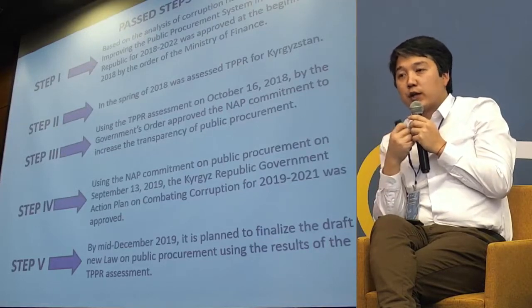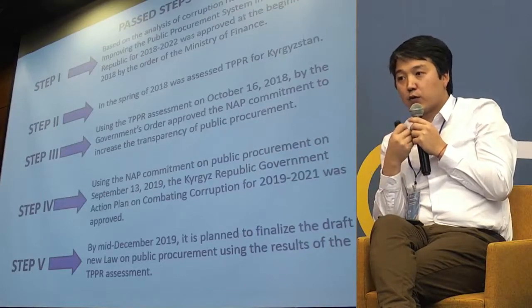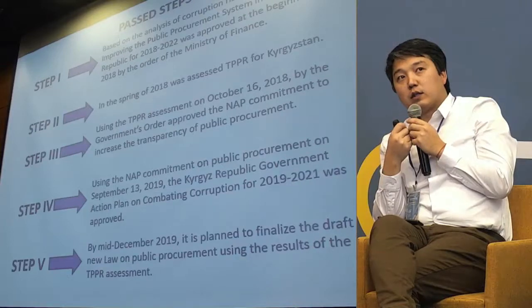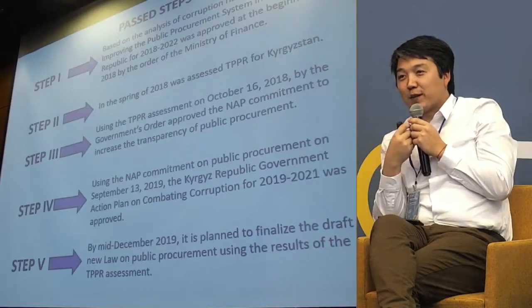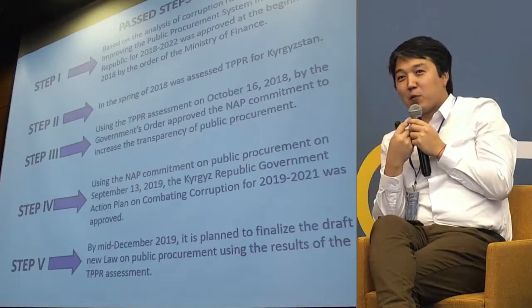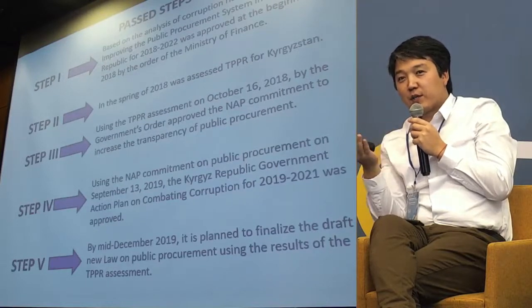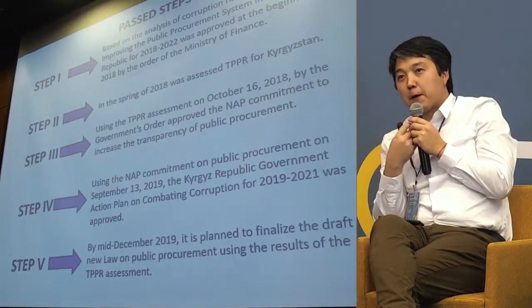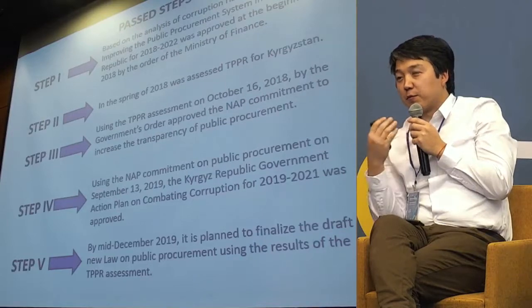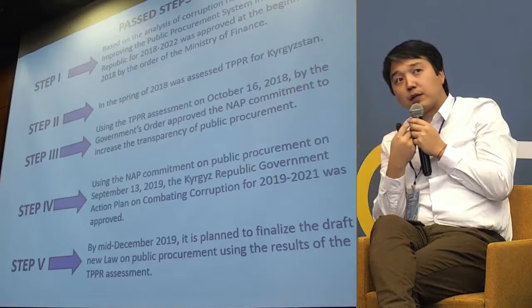But in spring 2018, the TPPR was assessed for the Kyrgyz Republic, and so we realized that our legislation is not good. For example, in the tender phase and post-tender phase, we have many gaps in our legislation.